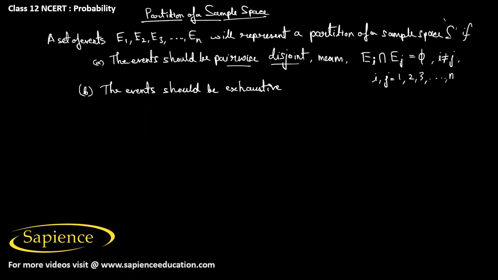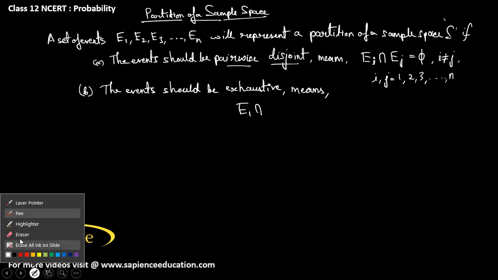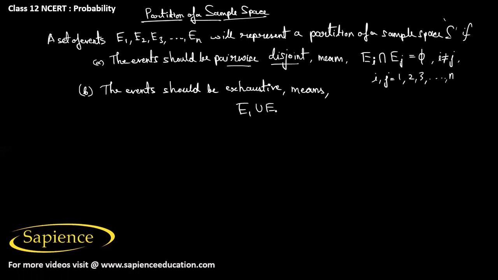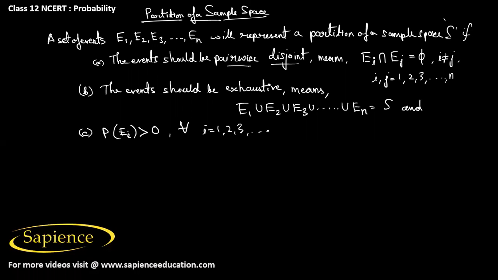It means that E1 union E2 union E3 union till En, so the union of all these events should be equal to S. And the next condition is that the probability of any of the events should be greater than 0, for all i equals 1, 2, 3 till n.